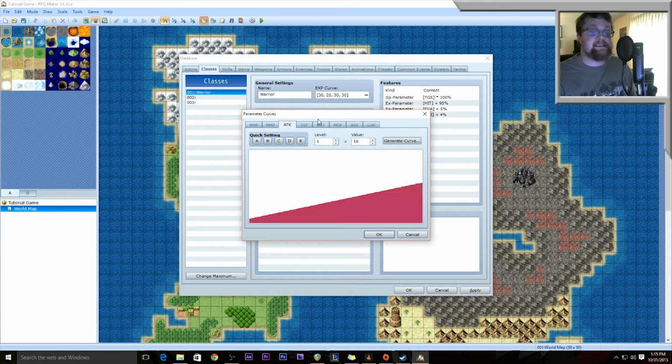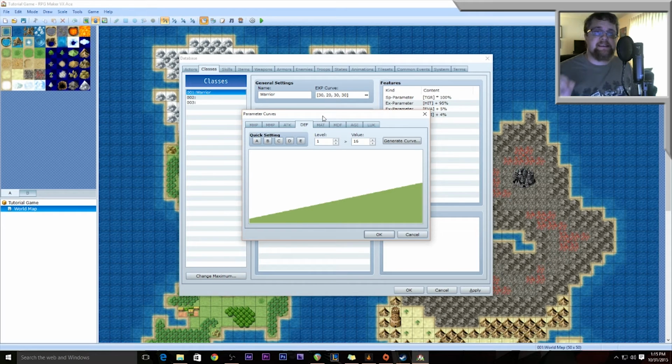Then we've got ATK, which is attack. This is how much damage a melee attack will do. So if you've got a class that is focused on hitting something, then make sure that the attack is high, because the higher the attack, the more damage the melee attacks will do. Not difficult stuff.